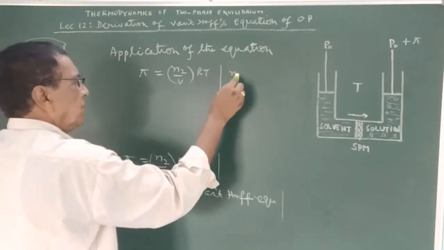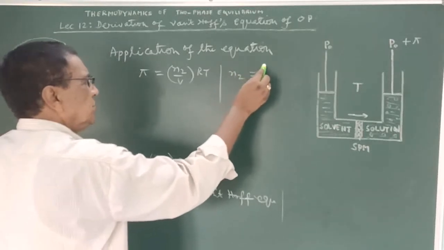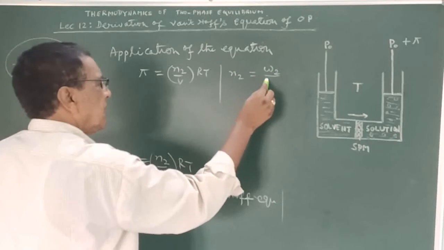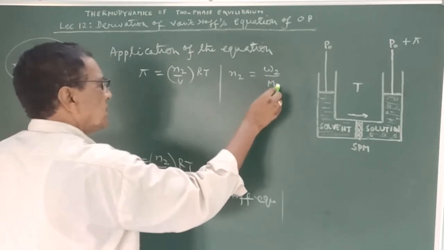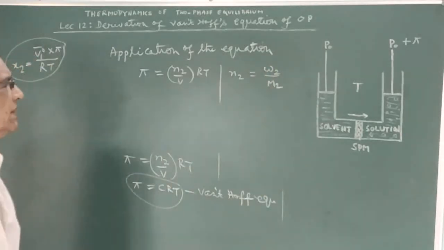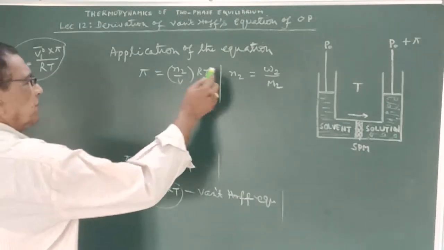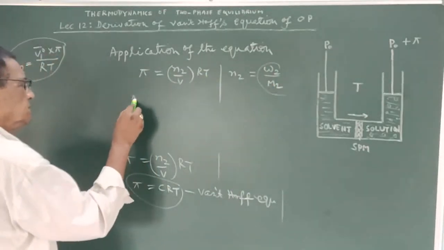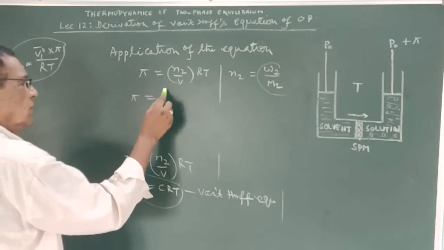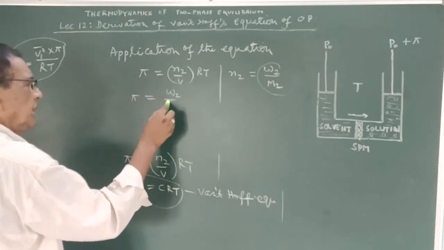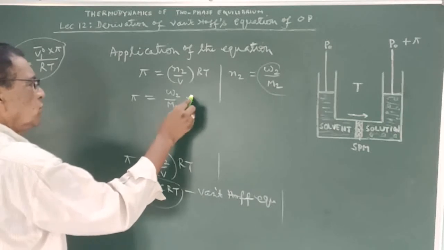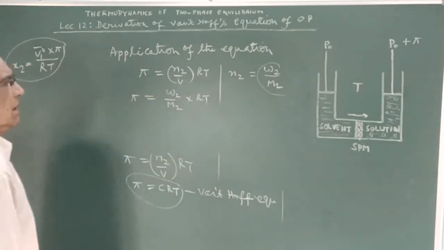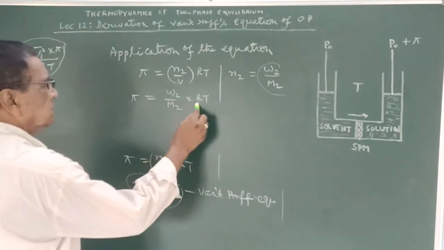But N2, the number of moles of solute, is equal to the weight of the solute in grams divided by its molar mass. So if we replace N2 by this, then pi equals W2 by M2 into RT by V.